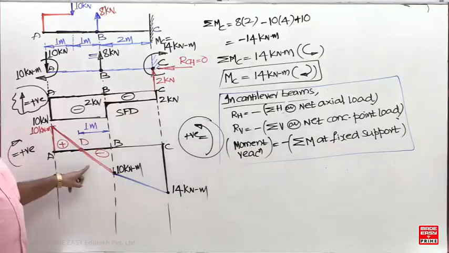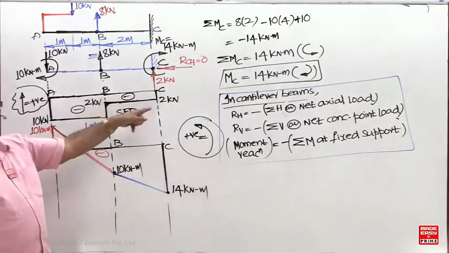So this slope should be less than this one, because here shear force is 2.